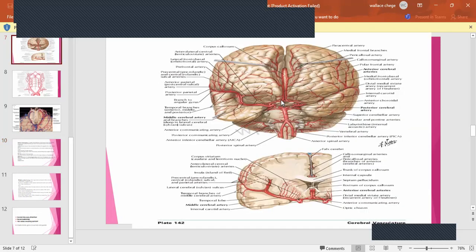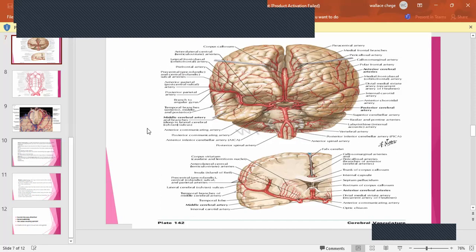You can see here it runs forwards and medially to the commencement of the interhemispheric fissure, the longitudinal fissure.